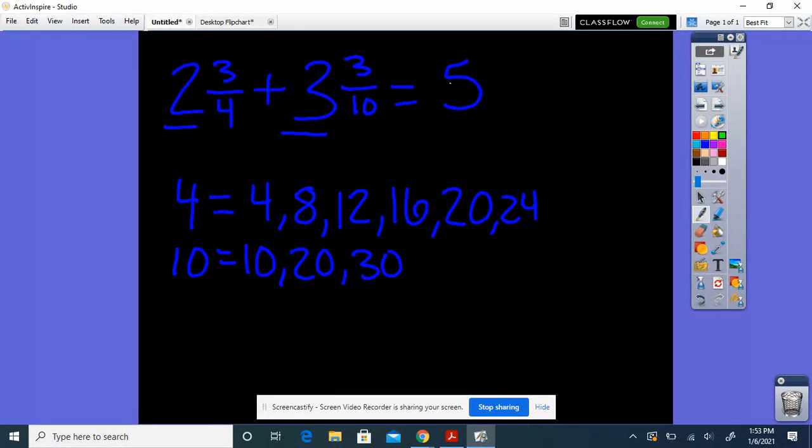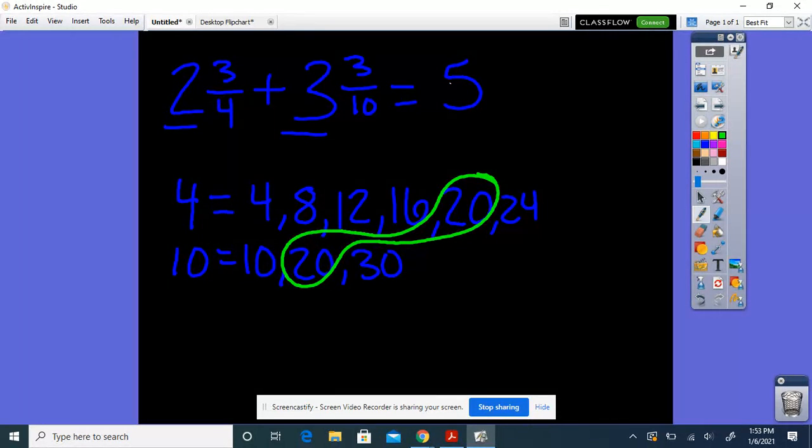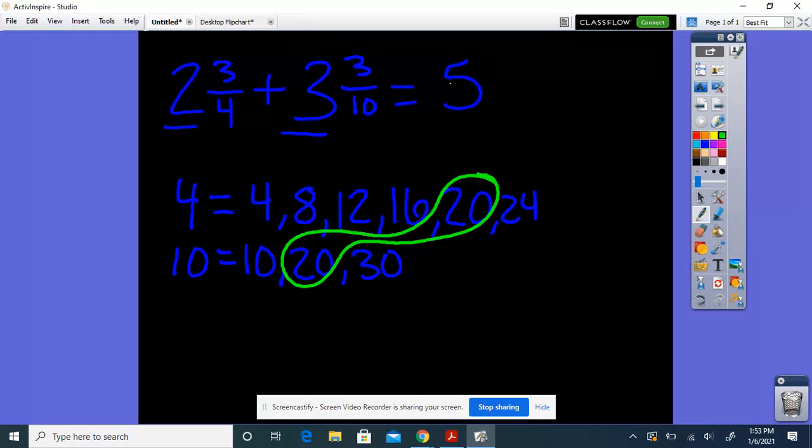It's 20. So 20 is going to be our LCM. That tells me my new fractions are going to have 20 as the denominator.